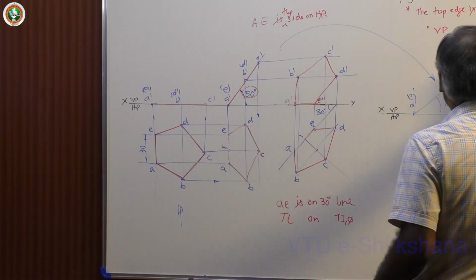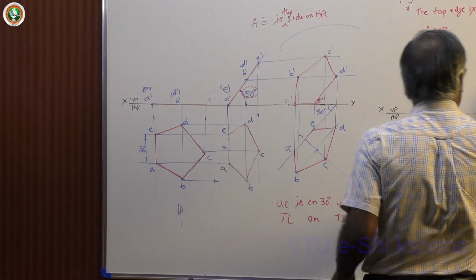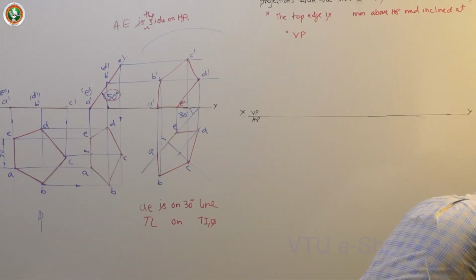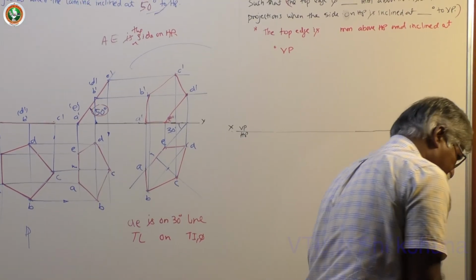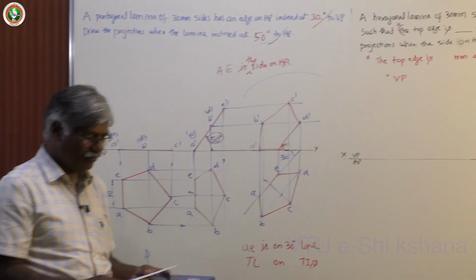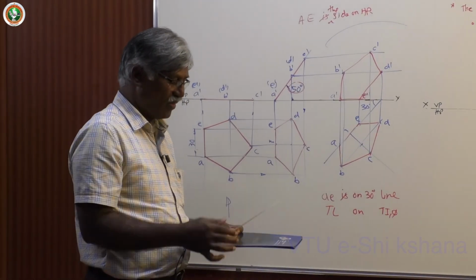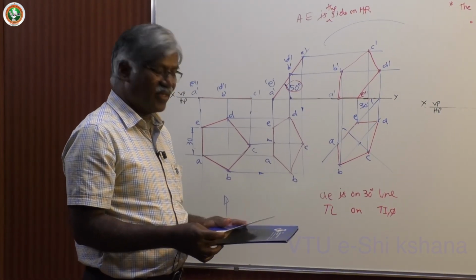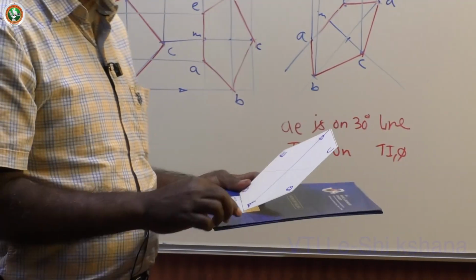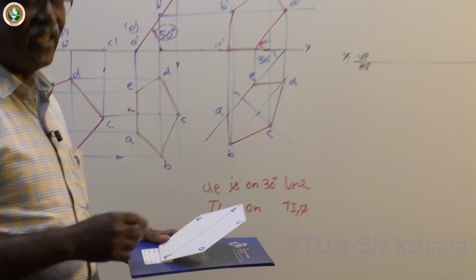Hexagon problem. See, a hexagonal lamina of 30 mm sides has a side on HP.